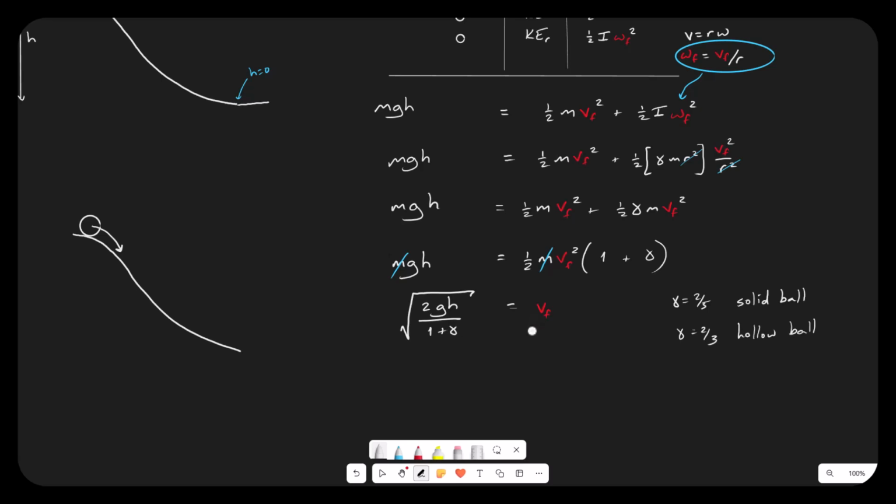For a hollow ball, v final will be a smaller number. So a solid ball, with a smaller gamma, will win the race. That's rotational kinetic energy and rolling without slipping together. I will do an example video to work through an actual problem, but this covers most of it.